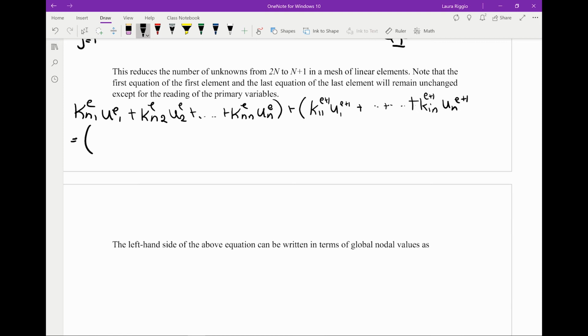This is the same as saying Kn1 Un plus Kn2 U(n+1) plus Knn U(n+n-1).